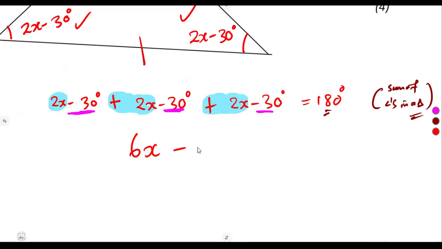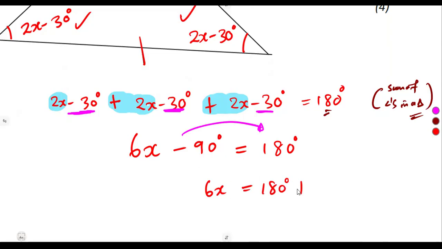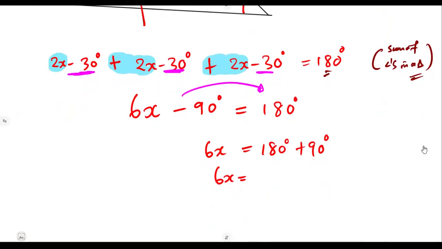So we have got negative 90 degrees equal to 180 degrees. So we can take the negative 90 to the other side of the equation. The moment it crosses the equal sign, it changes the sign. So it will be a positive 90 degrees. So that's 6x is equal to 180 plus 90, that was going to give us 270 degrees.